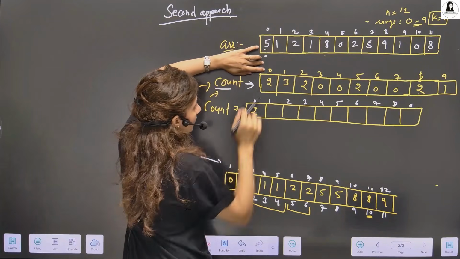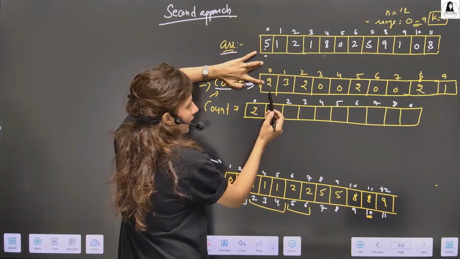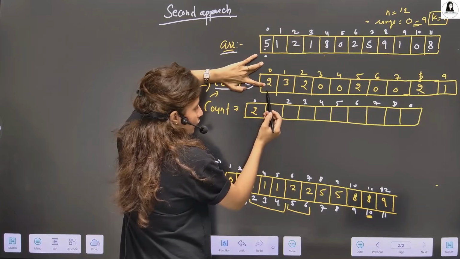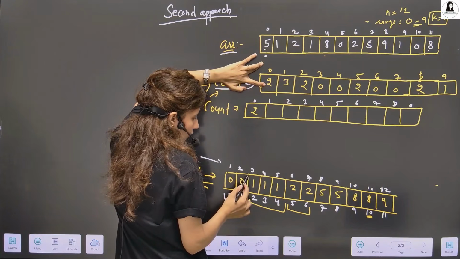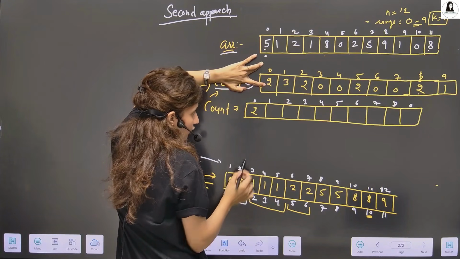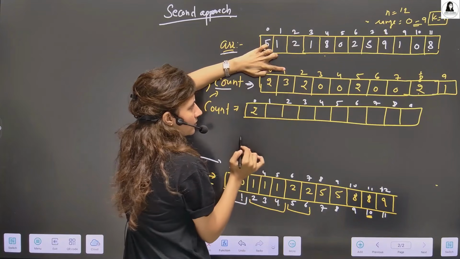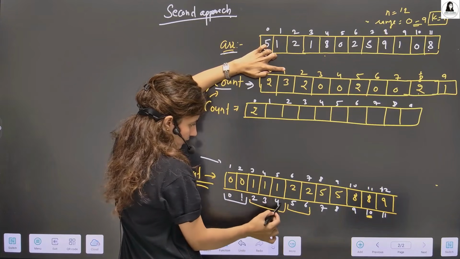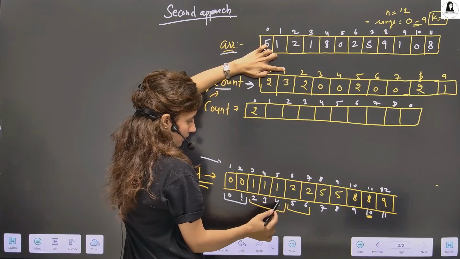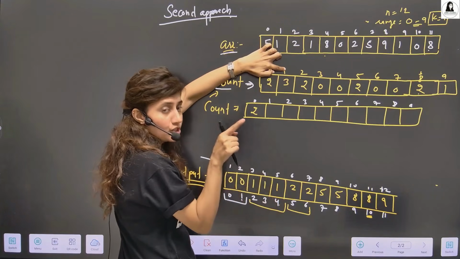Now, this 0 is 2 times. So the position of this is 1 and 2. Last position is 2. 1 is 3 times. The last position of 1 is 5. Sorry, position, not index.